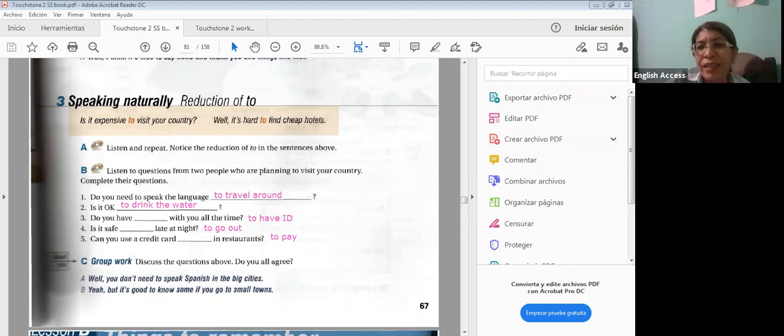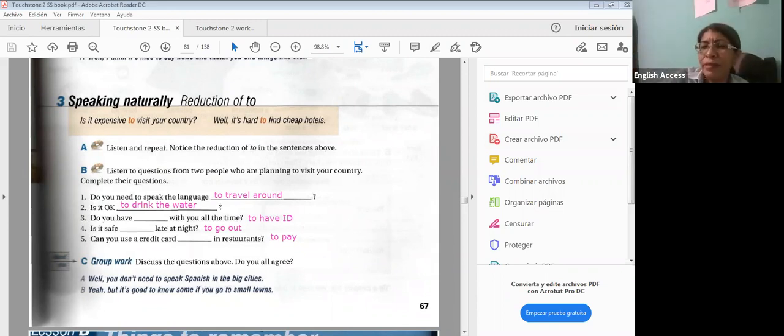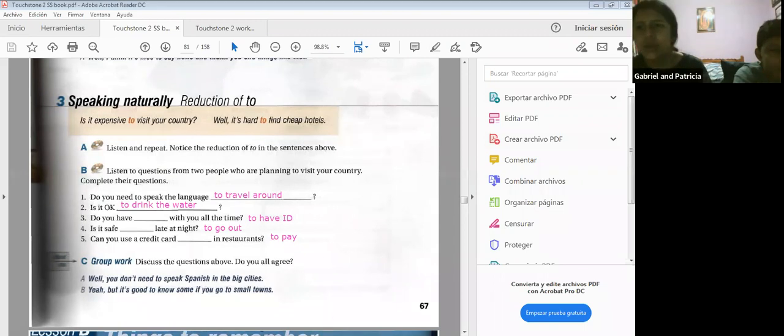What do you think, Patty, Gabby, Diana? Is it necessary for a tourist to speak Spanish when they come? Yes, but you can pay a person, a translator.